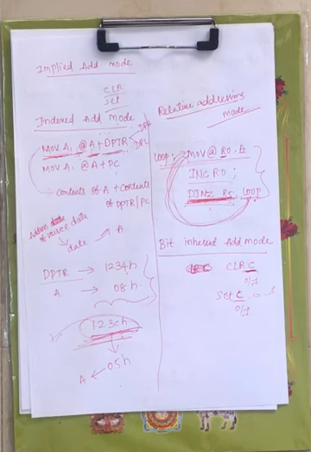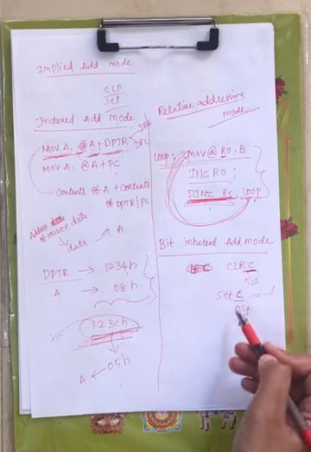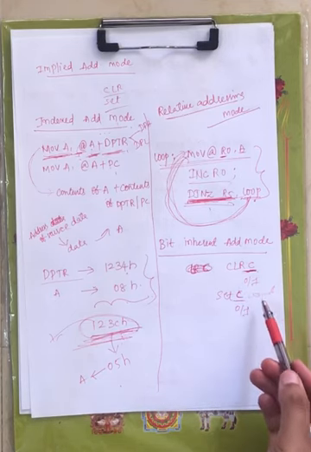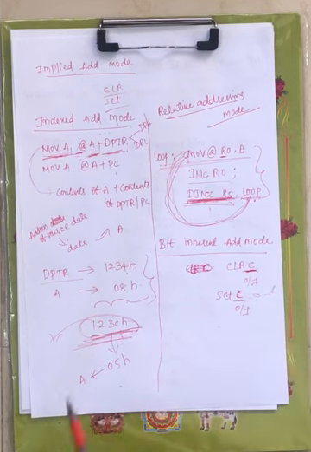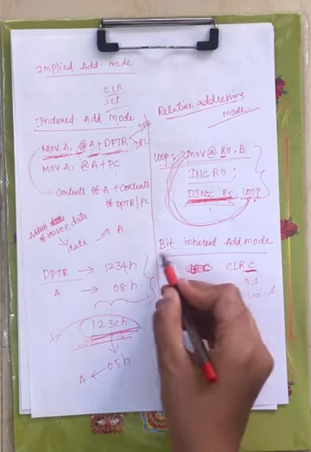Bit inherent addressing: a single bit, whether to set or clear, right. Like you have CLR C, SETB C: it will clear the carry flag, that means it will make it 0, and set will make it 1, right. Bit inherent addressing mode is used in order to clear or set a single bit, as the name itself indicates.